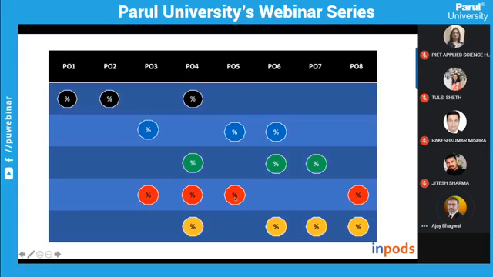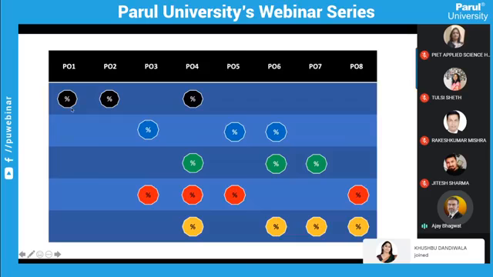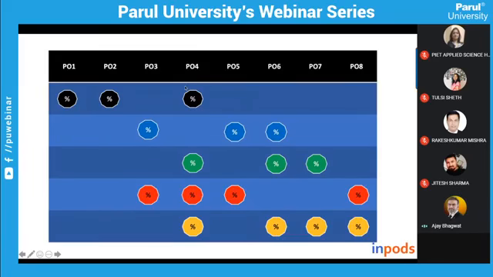PO6 has 3 courses mapped to it, right? And then PO3, PO5, PO7, PO8 have 2 courses each, but PO1 and PO2 have only 1 course mapping. So there has to be something very significant about PO4, due to which there are so many courses mapped to it.